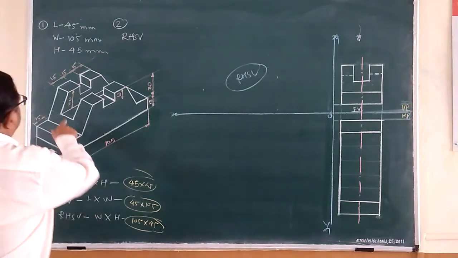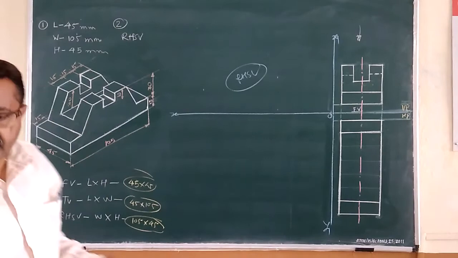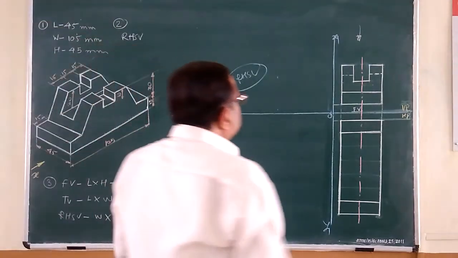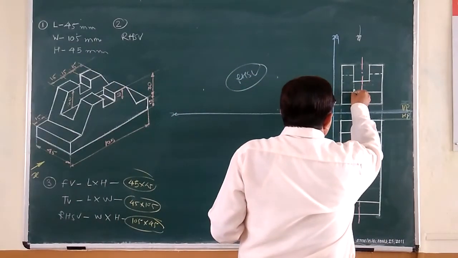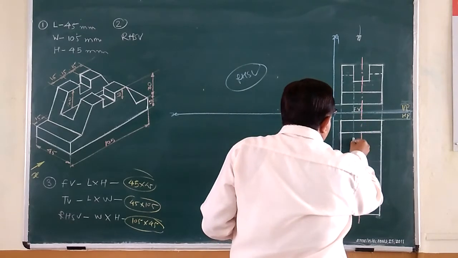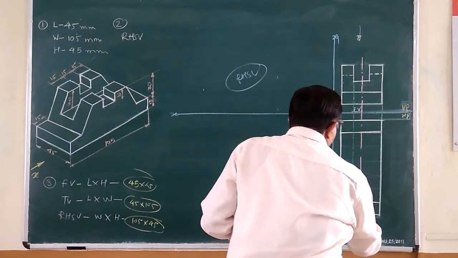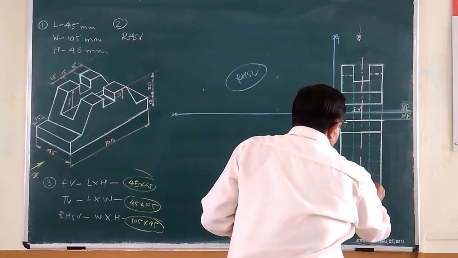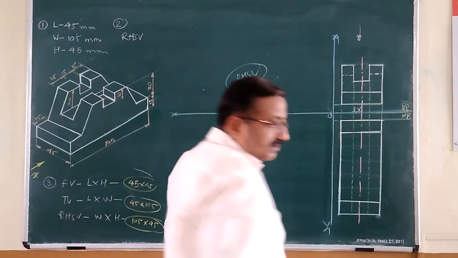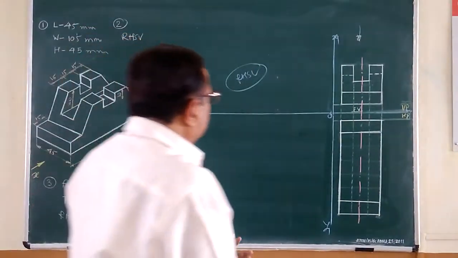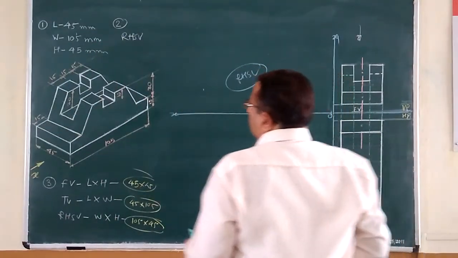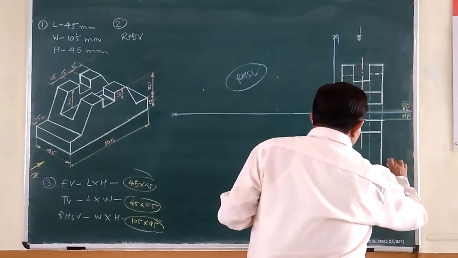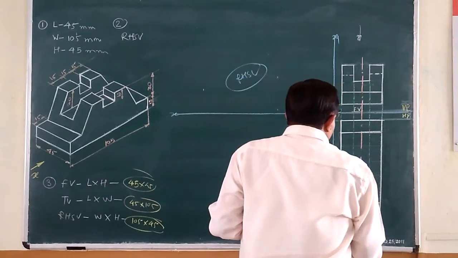Now, centrally this slot, first of all, we will locate that. For that, what you have to do? Just blindly take the positions of that slot from the front view over to the HP, from VP to HP. Yes, this is nothing but giving us the slot effect. Now, centrally, this is the cross slot. What are we going to do?